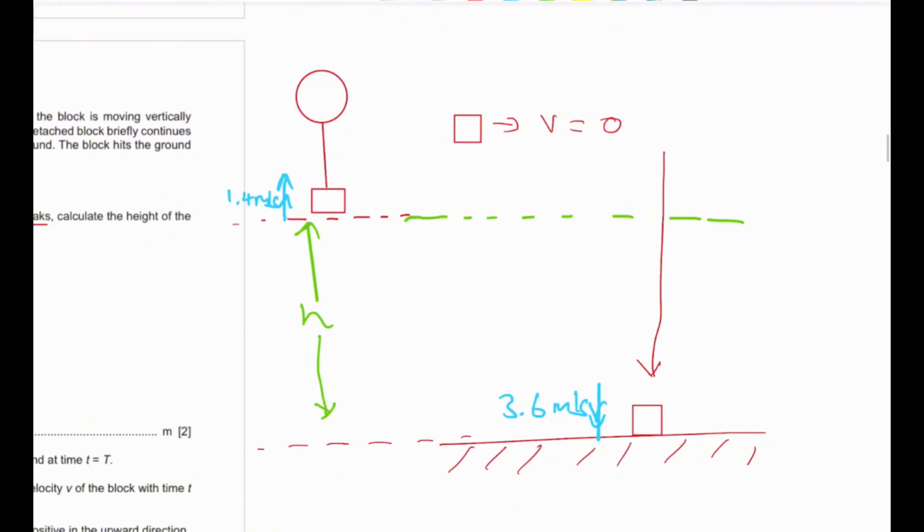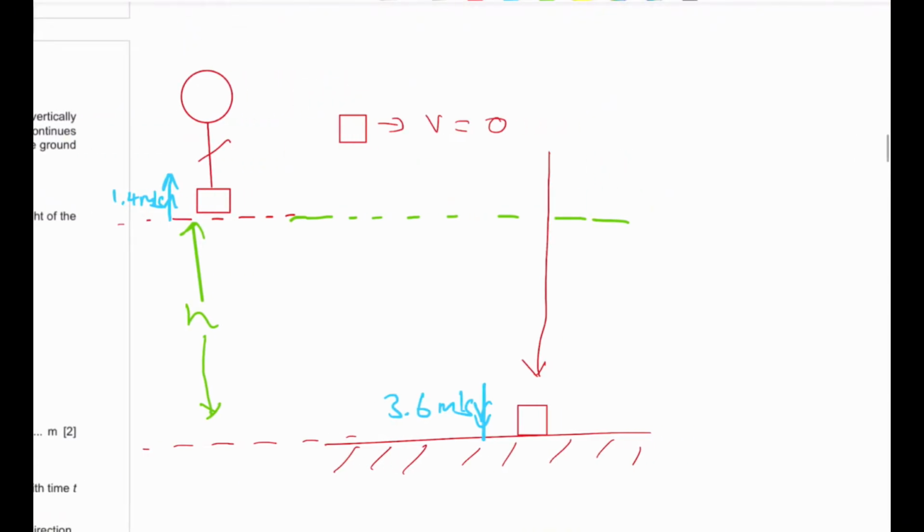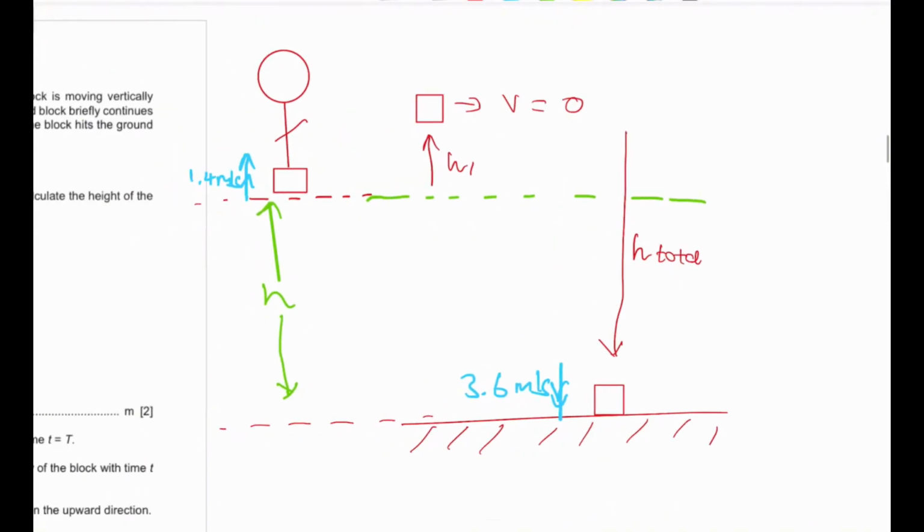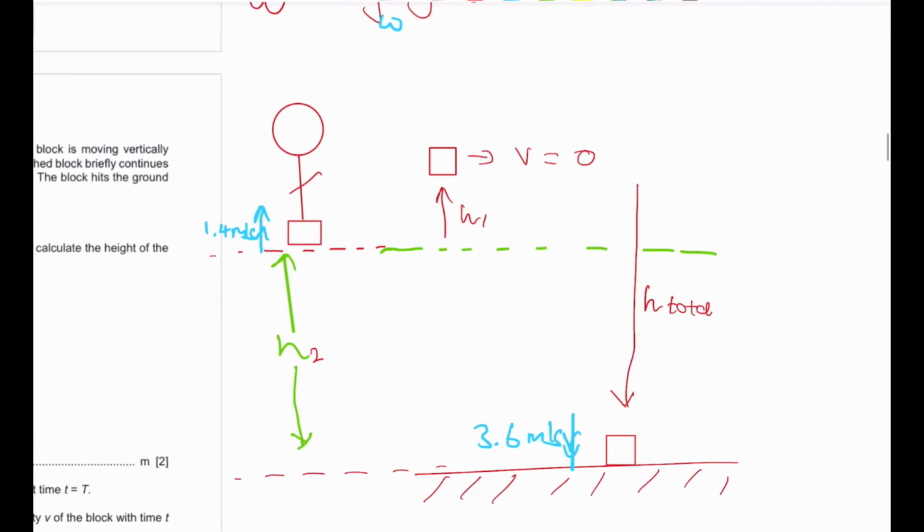I can find that height and then subtract it from that total height, which is my h total. That will give me this height itself.